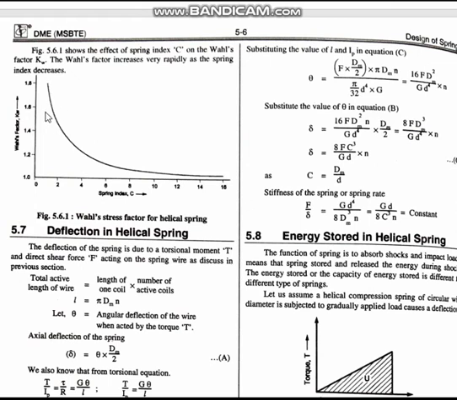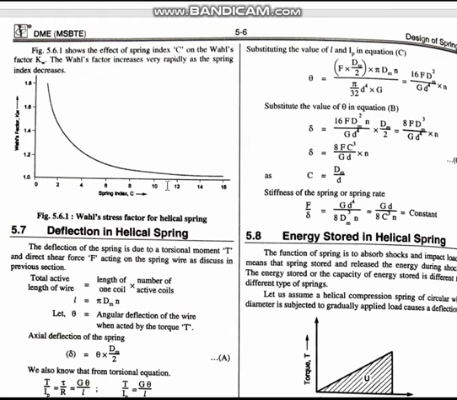Now you see, if the value of the spring index C is more, like 15, 16, Wahl's correction factor is very less. It is just 1.0 to 1.04, that much only.